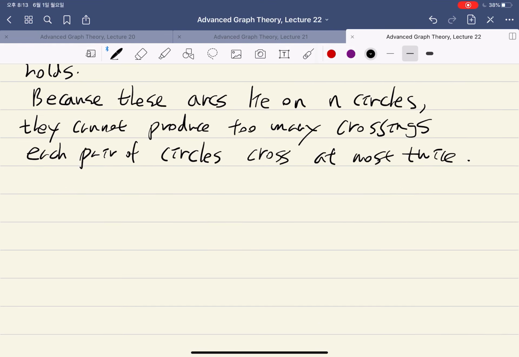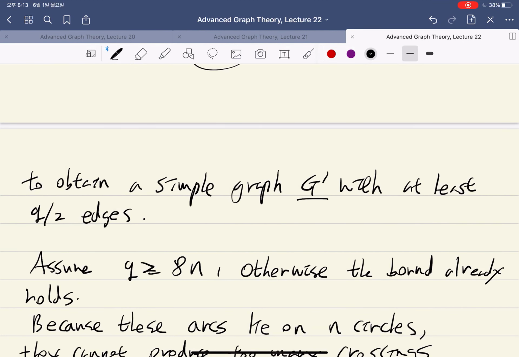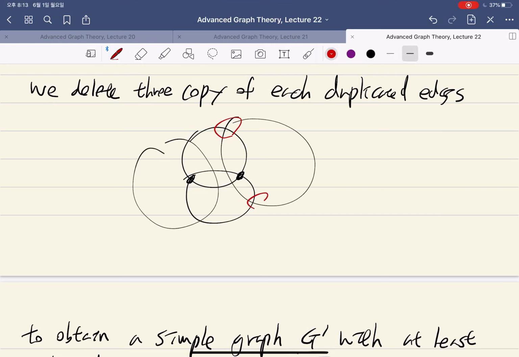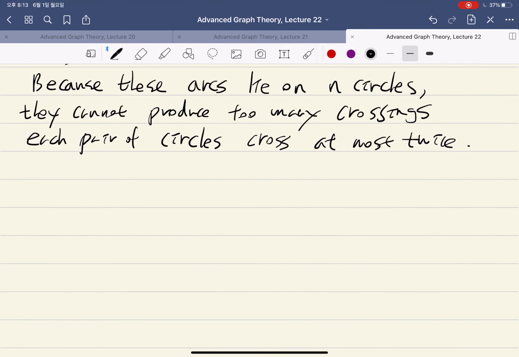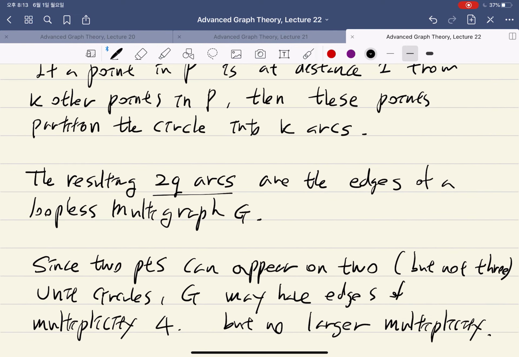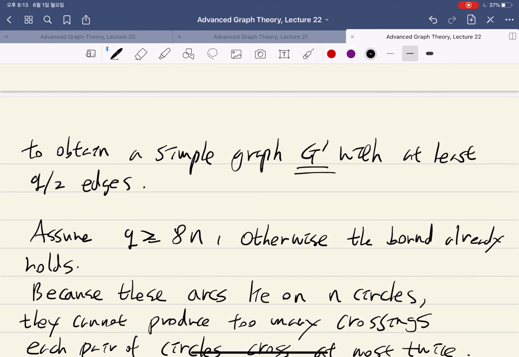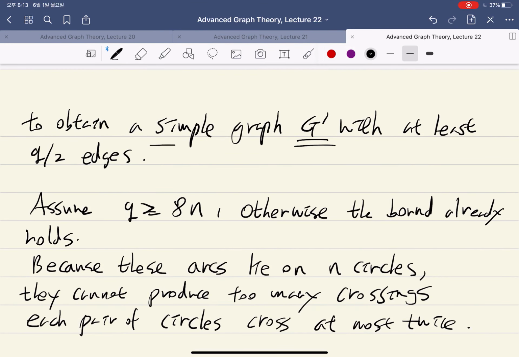In this G prime, after deleting some, we can still have many crossings. By removing certain arcs, we get this simple graph G prime and a drawing of it.